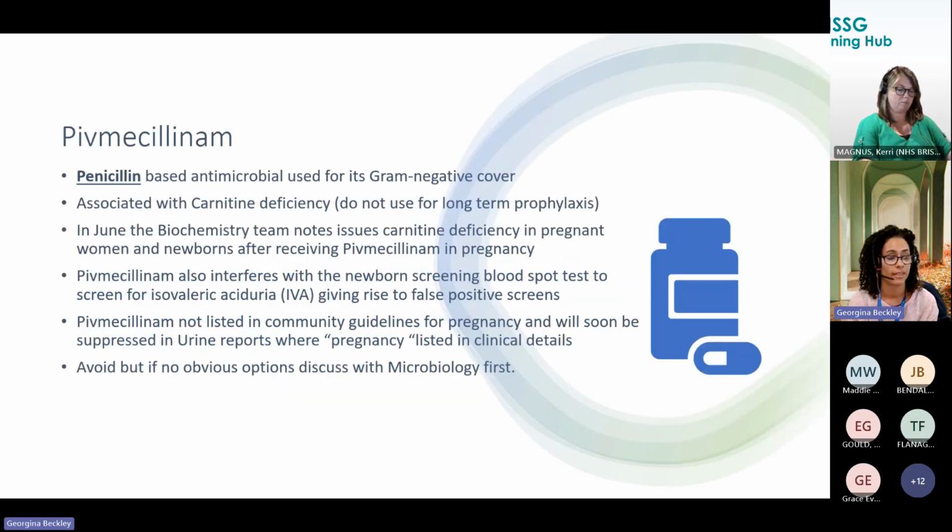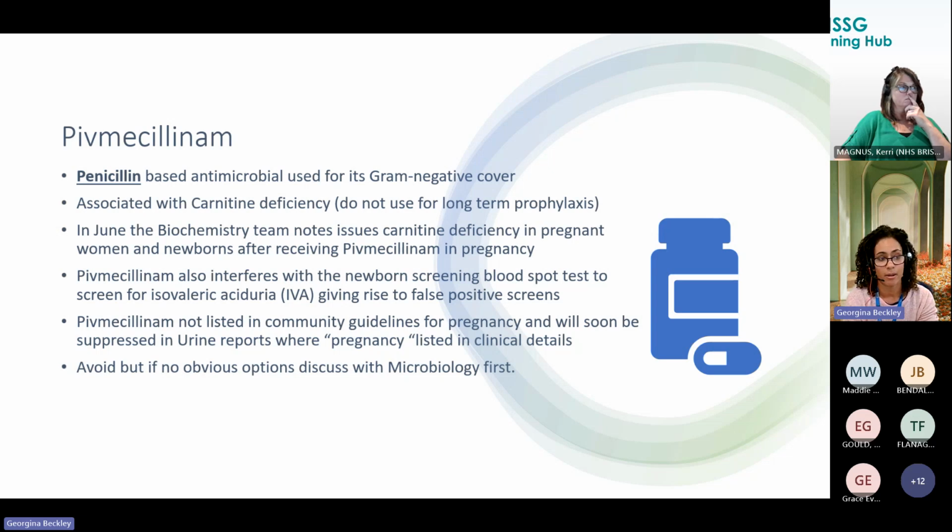Talking about pivmecillinam, a small update on that as well. It's a penicillin-based antimicrobial used in UTI for its gram-negative cover. Very rarely it can be associated with carnitine deficiency. Carnitine is contained within muscles, and deficiency can cause muscle weakness and can affect not only skeletal but respiratory and cardiac muscle as well.